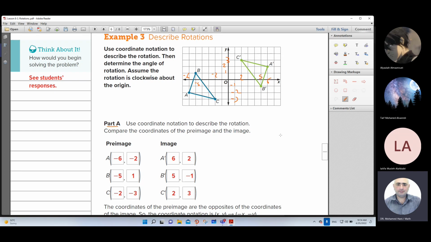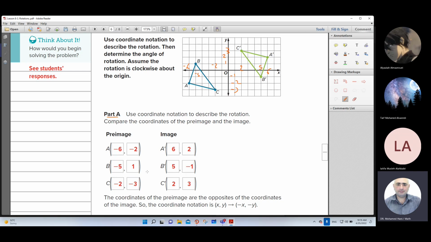Now we want to describe this rotation. If you compare A with A prime, as you see the X here negative 6, the X here will be the opposite, will be 6. And here the Y negative 2, the Y will be 2.